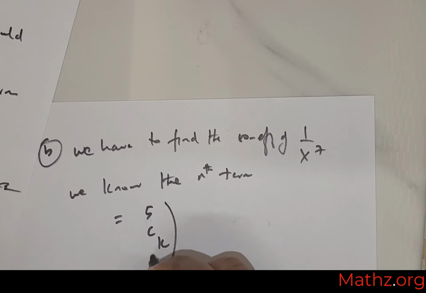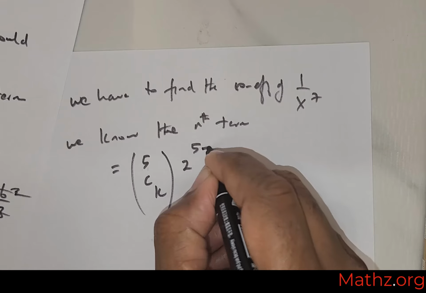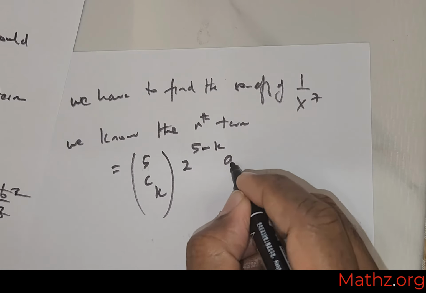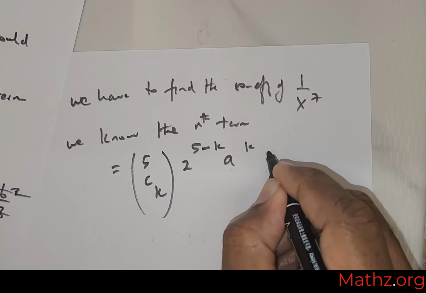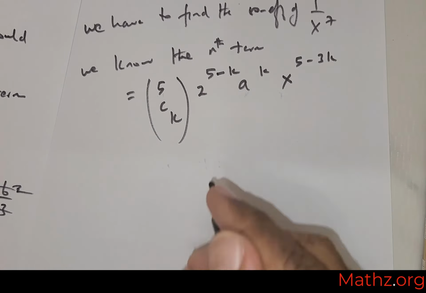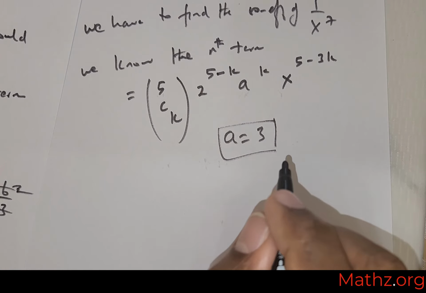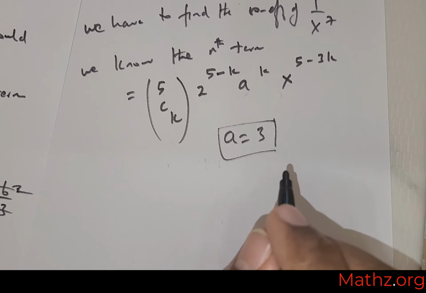5ck times 2 raised to the power of 5 minus k times a raised to the power of k times x raised to the power of 5 minus 3k, right? But I'm going to take the value of a to be equal to 3. I think that is fair enough, right?